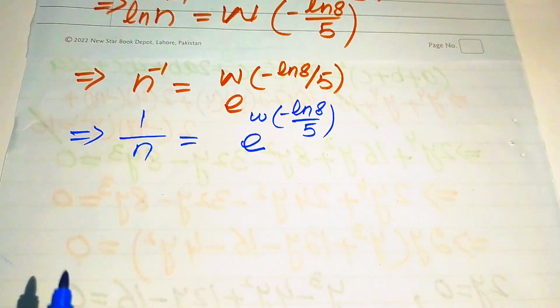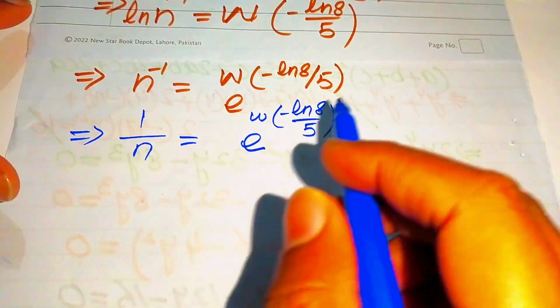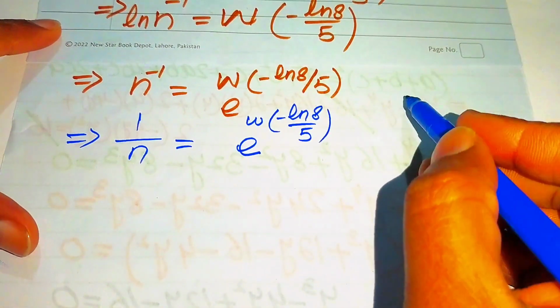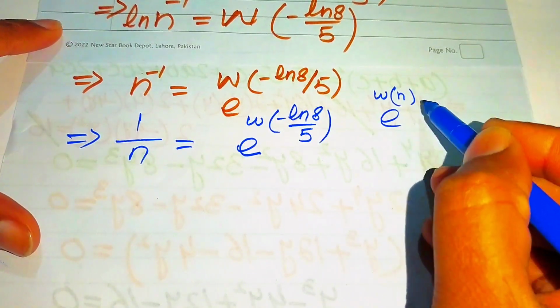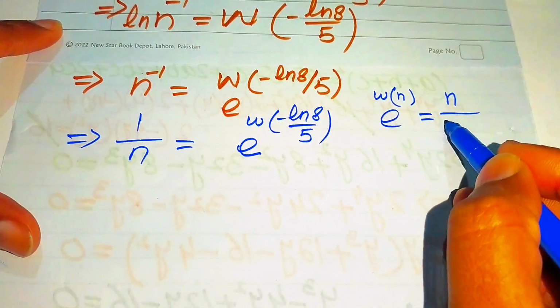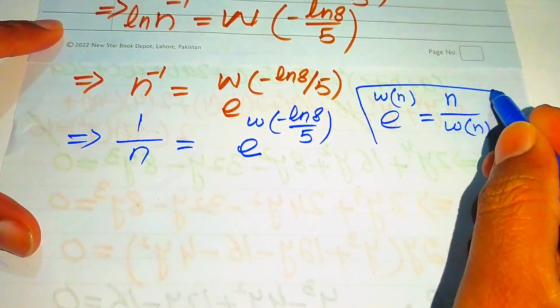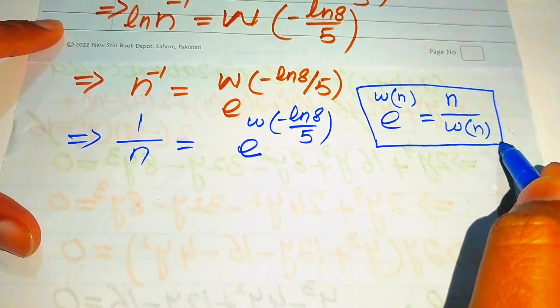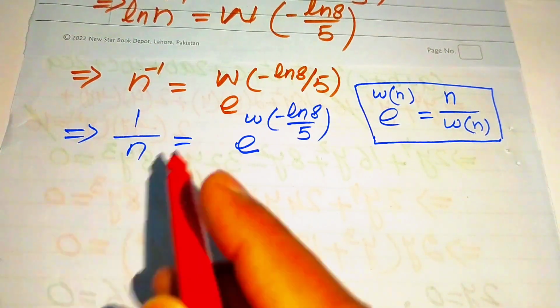Here we use the nice property of the Lambert W function, which is stated as: if you have e to the power of the Lambert W function of x, the output is equal to x over the Lambert W function of x. So we use this property. Now focus on this equation.